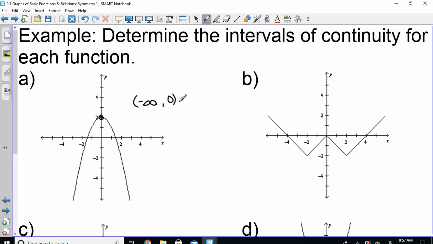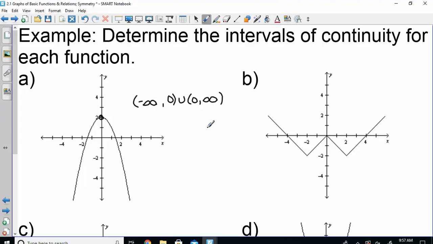And after that point, it's continuous again, so union 0, infinity. Now, why would I have put an open circle at my, or a parenthesis on my 0 there? It ain't touching. Right, it's an open circle on my graph, so it doesn't touch it, it can't get a bracket.